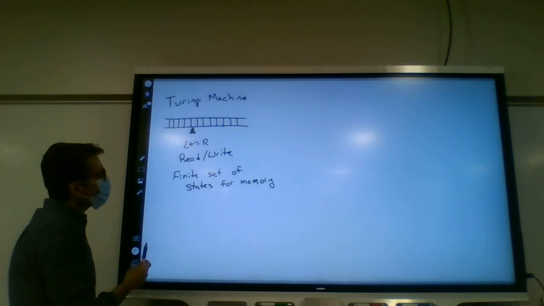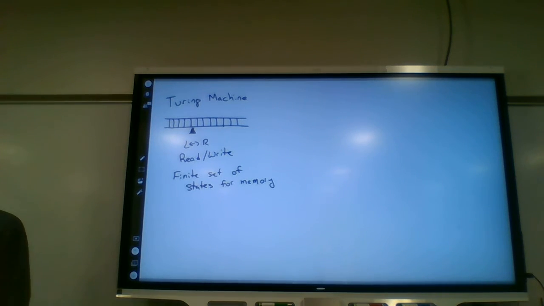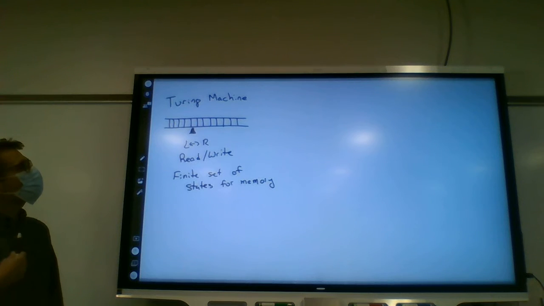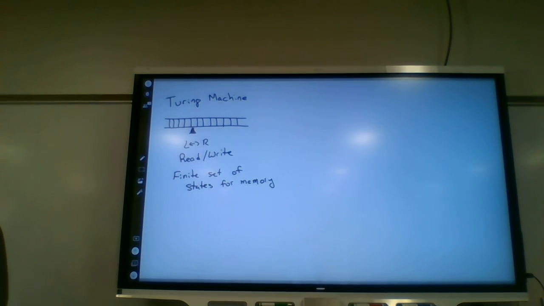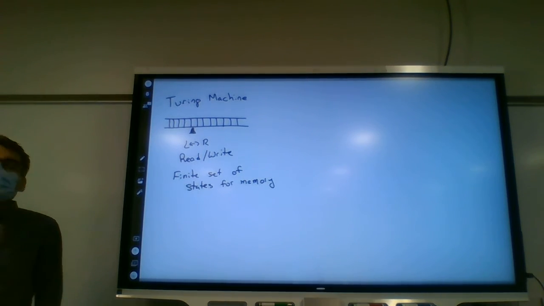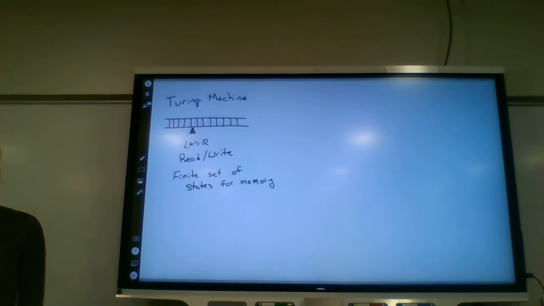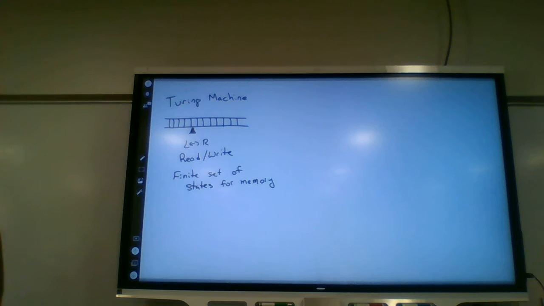Now, what we will have then is an alphabet for the tape and an input alphabet. They may or may not be the same thing. So we're going to, again, typically be talking about binary input, so strings, and then writing things to the tape that might be, again, exactly the same alphabet or maybe some extra possibilities.